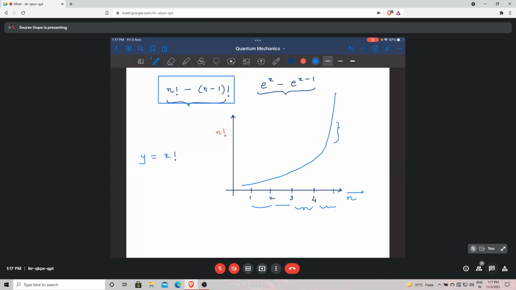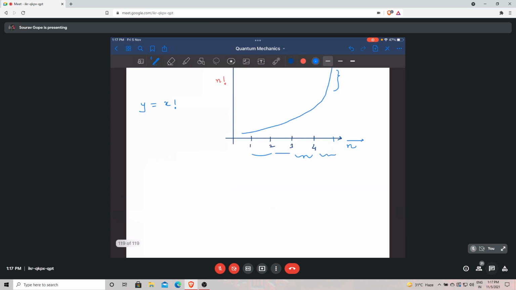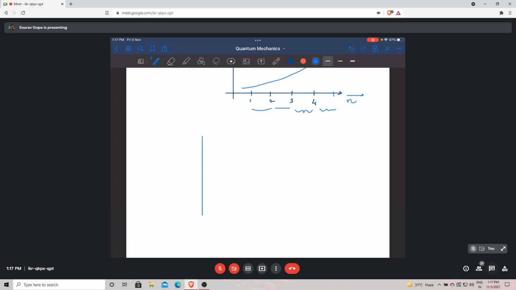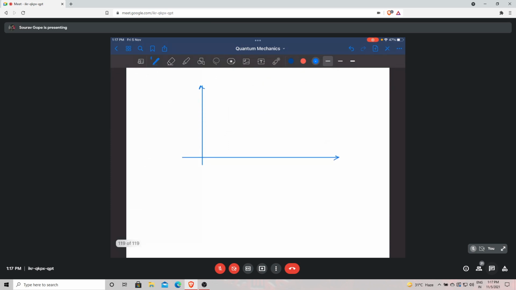Suppose we are plotting for a very high range, x from 1 to say 200, and y equal to x factorial. The curve will look like this, or even sharper.